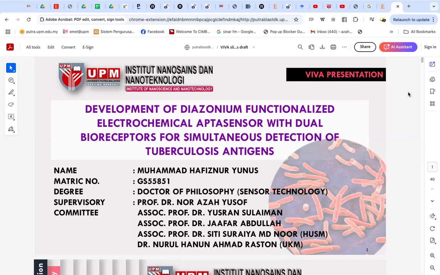Right, so what I'm going to show you is development of biosensors for detection of tuberculosis. Okay, so you can see that what I have taught before, what I have discussed before, some of it is integrated in this development of TB biosensors.